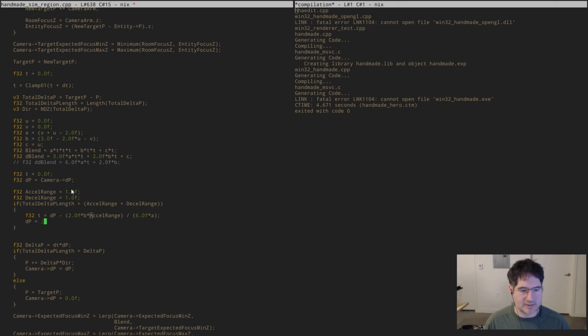So we want whatever our accelerange value is here times whatever the derivative of this curve is, which is this, right, for that given t value. That's what I would argue, right? Again, we know a, we know b, blah, blah, blah.